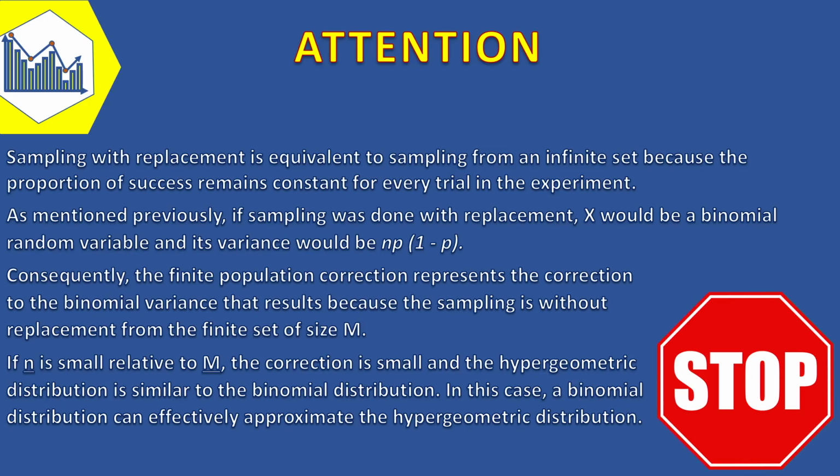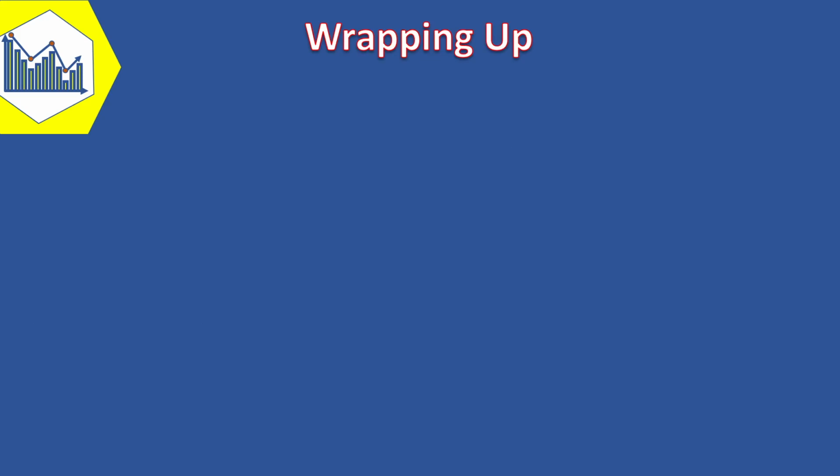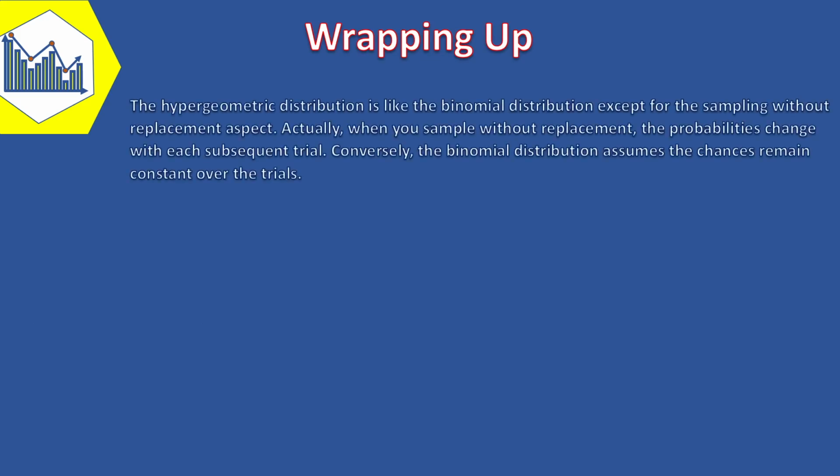Now it's time to wrap up the video by reviewing what we have learned so far. First, we saw that the hypergeometric distribution is like the binomial distribution except for the sampling without replacement aspect. Actually, when you sample without replacement, the probabilities change with each subsequent trial. Conversely, the binomial distribution assumes the chances remain constant over the trials.